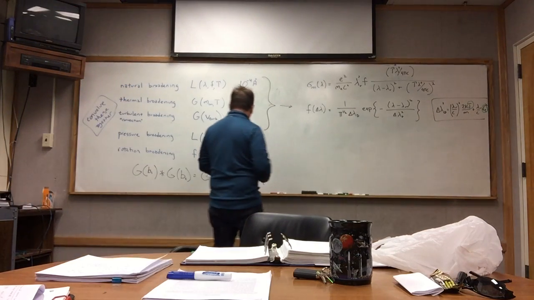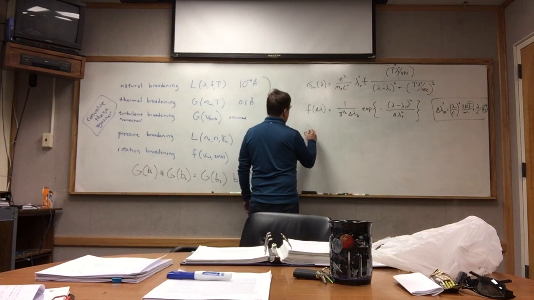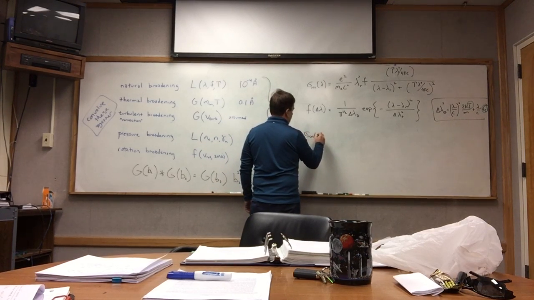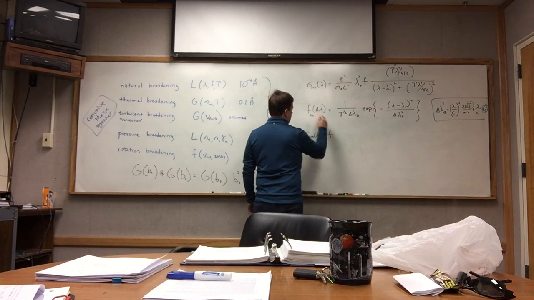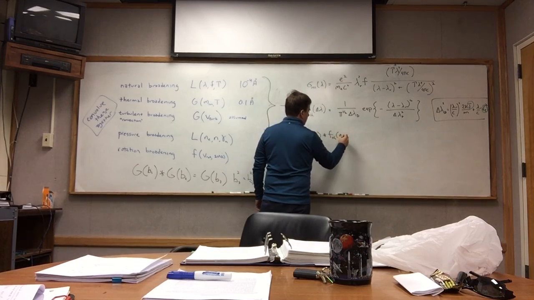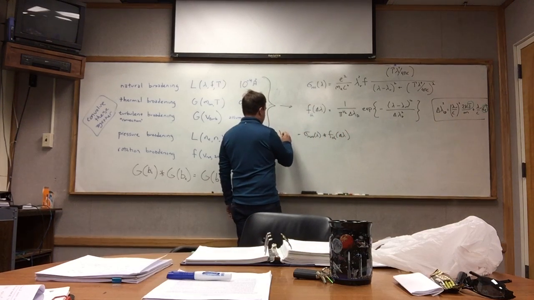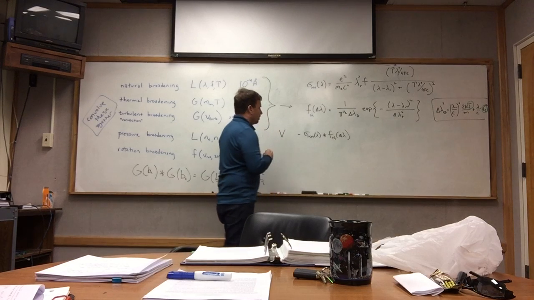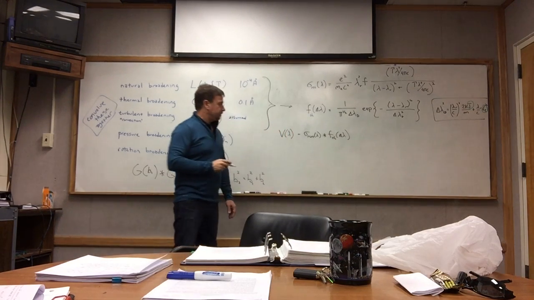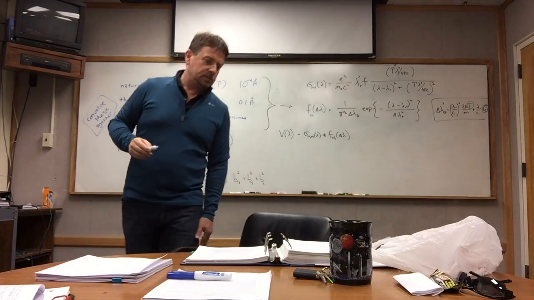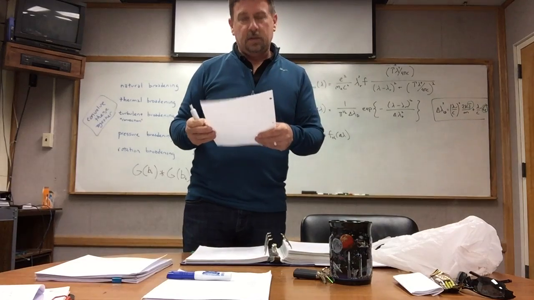Okay. So now what we are going to do is convolve these, and we're going to get out a new function called the Voigt profile. How many people have heard of a Voigt profile before?